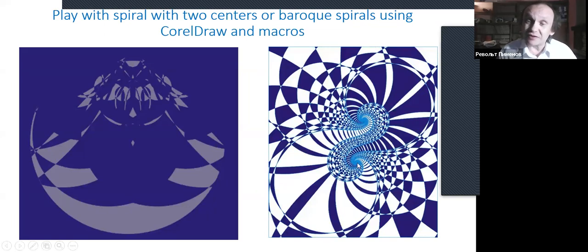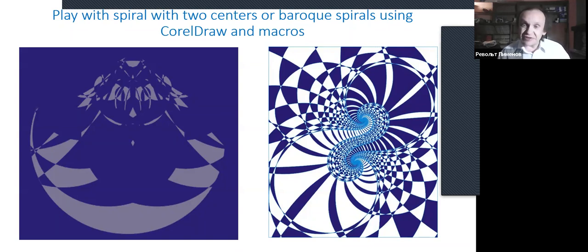And look at these spirals. If we are mathematicians, it is clear that we see two centers of these spirals, and we can say that the first center is 0, and the second center is infinite. And after this, we can understand this spiral as a logarithmic spiral after some conjugating linear transformation, or we can understand this with the help of stereographic projection.